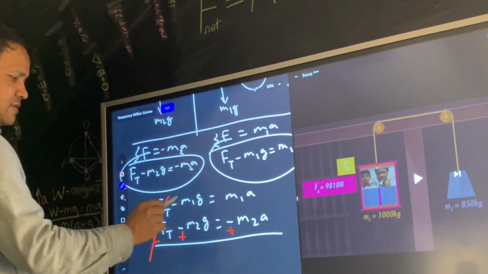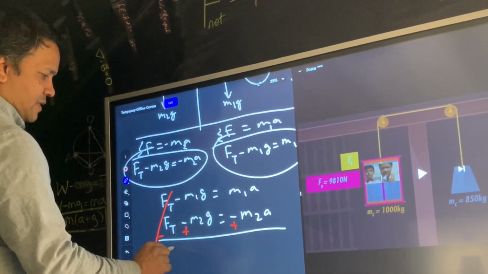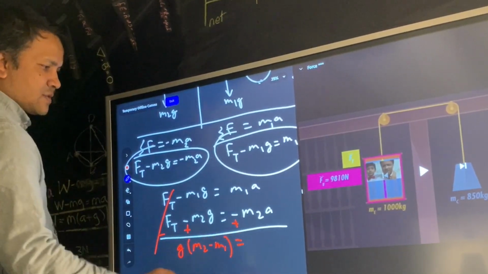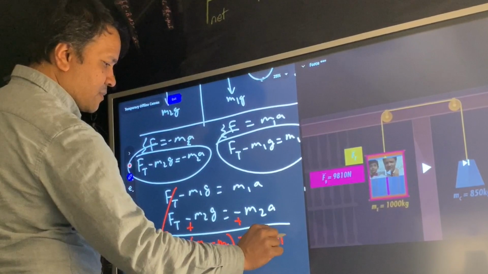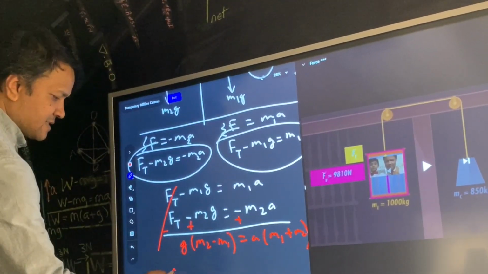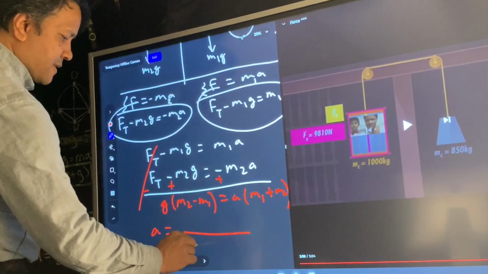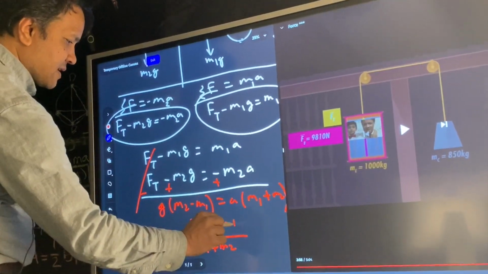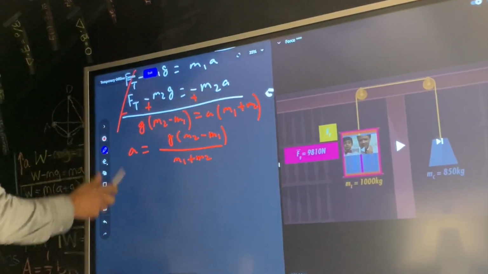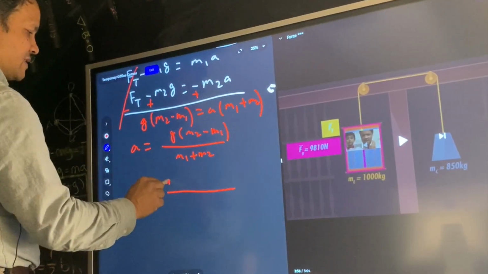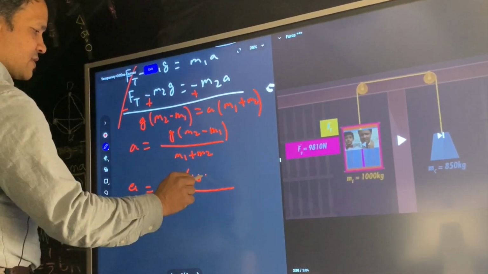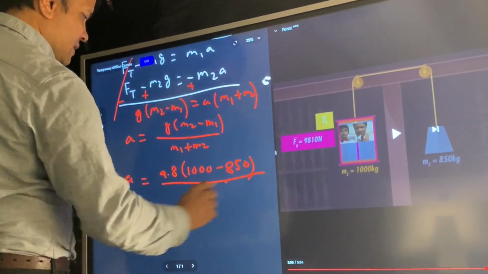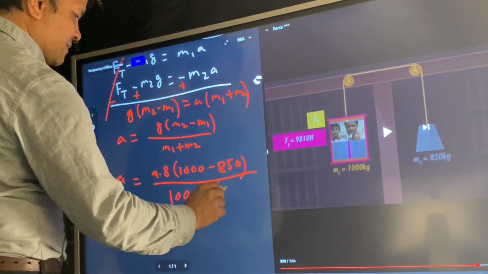So this cancels, so I have m2g, so I have g times (m2 minus m1) is equal to a times (m1 plus m2). So acceleration is g times (m2 minus m1) over (m1 plus m2). What does that mean? This means g is 9.8 and m2 is 1000 minus m1, and m1 plus m2, so 1000 plus 850.